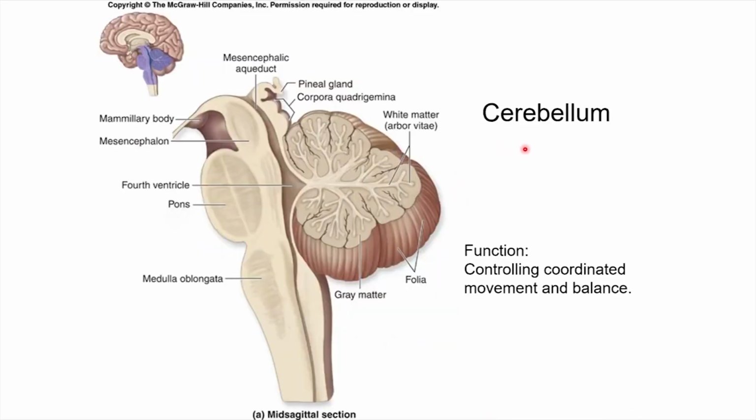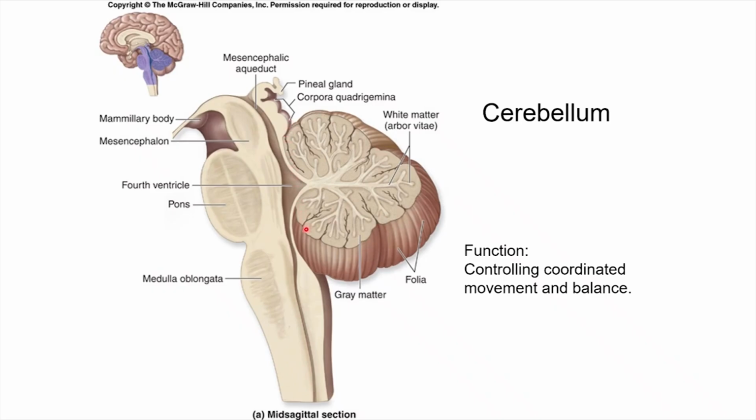The third part of the hindbrain is the cerebellum, the small structure here towards the back side and the ventral side of the brain. This is zoomed in here. This is what it looks like. Now this structure is involved in control of coordinated movements and maintaining balance in the body. So if you're walking or running, these neurons are being used, and there is a very high density of neurons in this area.